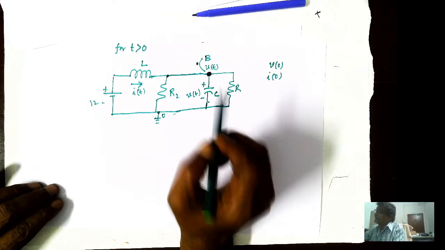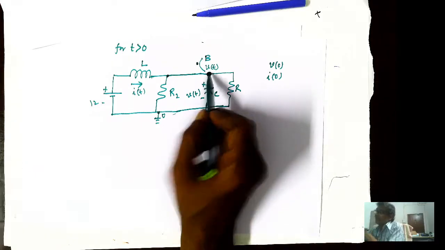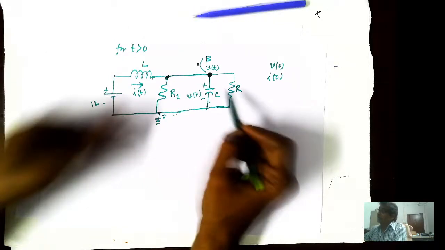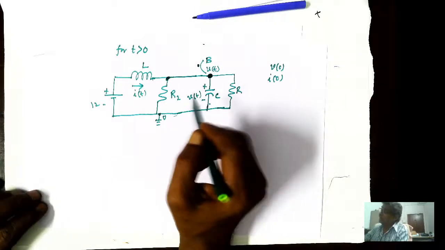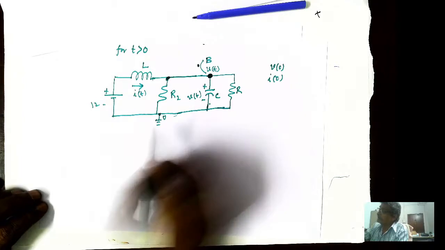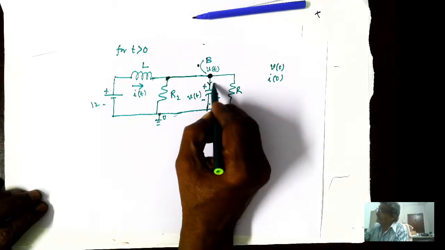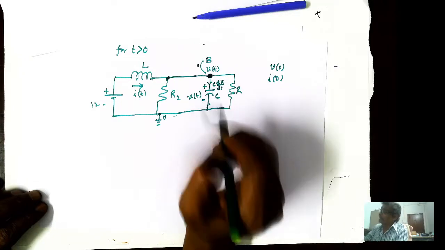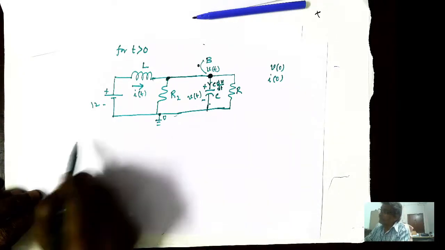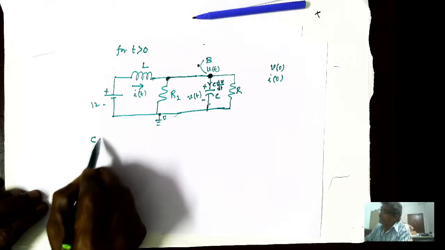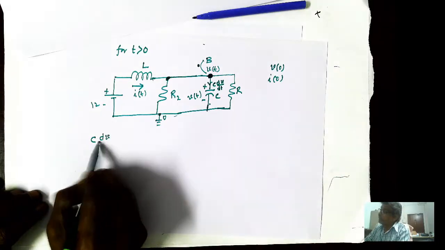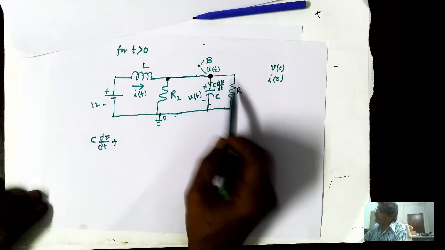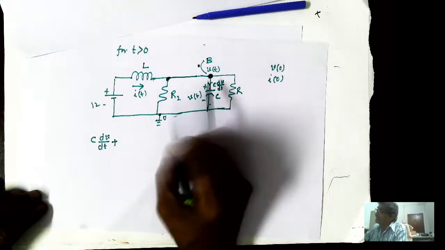Then you write KCL at this node, because all are joined together. The current in this circuit at node B is C dV/dt, plus the current flowing through R, V(t) by R, and this current is V by R2.